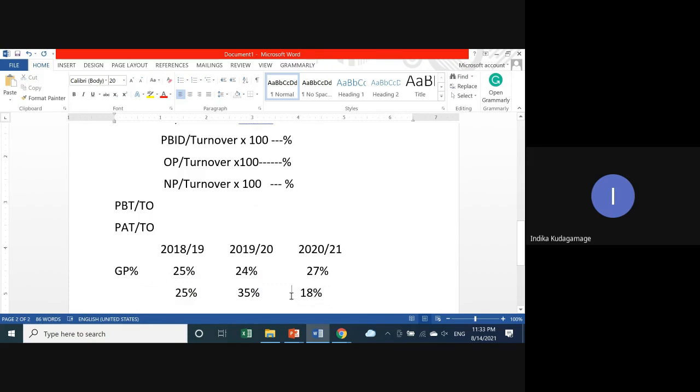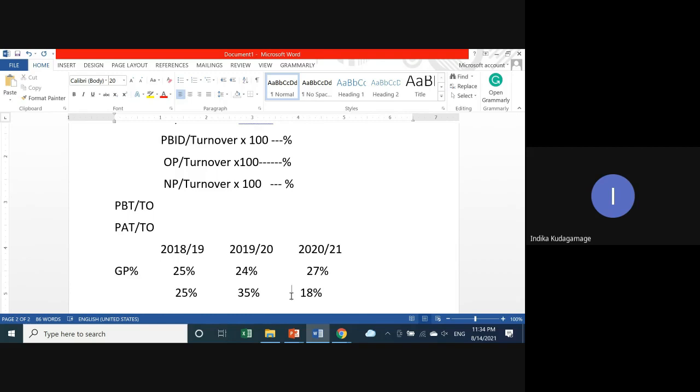Whenever there is a change in the product mix, this can happen. What is the product mix? I am a retail shop where I sell computers, refrigerators, TVs, like that. One year I sell TVs mostly, so my profit margin was very high.